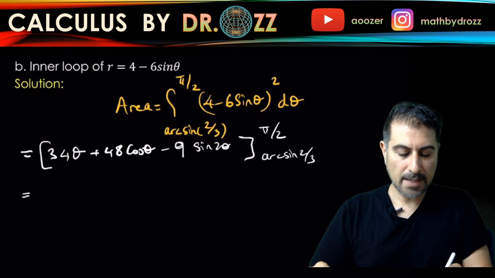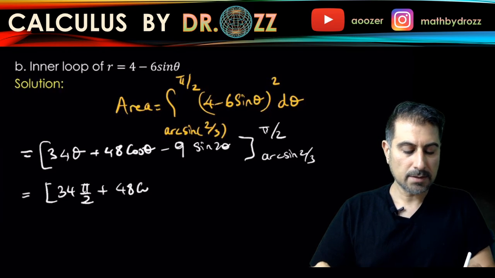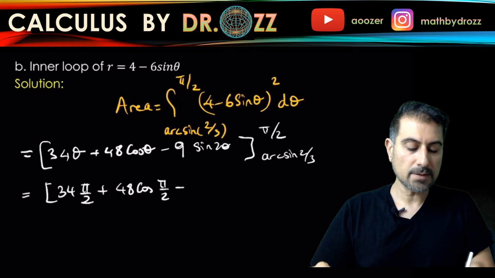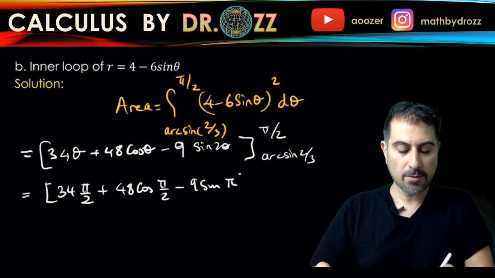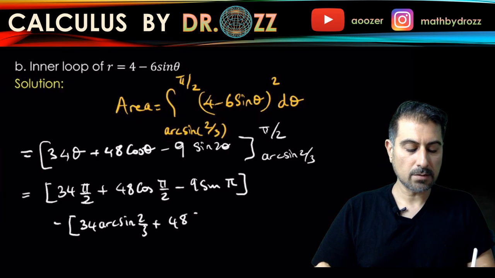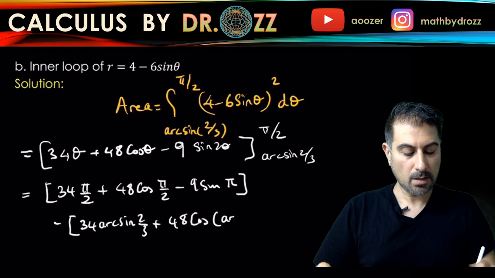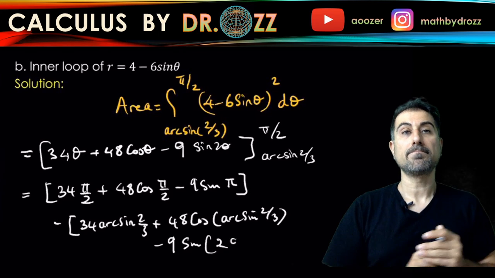All right, so let's plug in the upper limit: 34 pi over 2 plus 48 cosine pi over 2 minus 9 sine 2 pi over 2, that's sine pi, minus 34 arc sine 2 over 3 plus 48 cosine arc sine 2 over 3 minus 9 sine 2 arc sine 2 over 3.